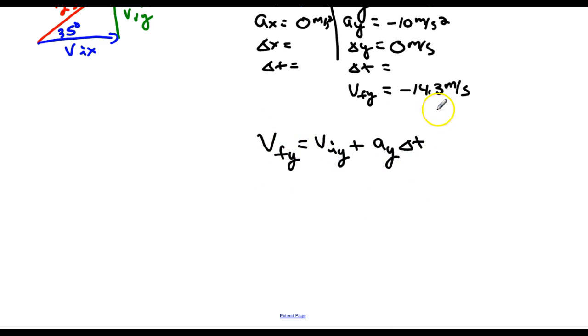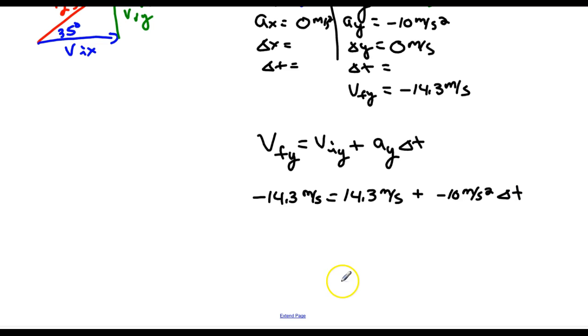I know that the final velocity is negative 14.3. It's very important we have that direction written down on there. The initial y velocity was positive 14.3. The acceleration is a negative 10 meters per second squared, and the delta t is what we're trying to find.